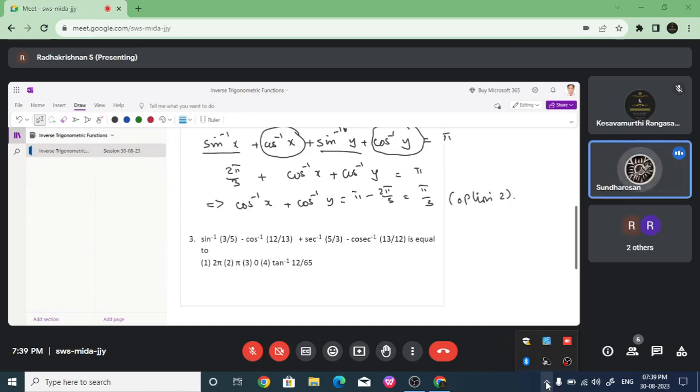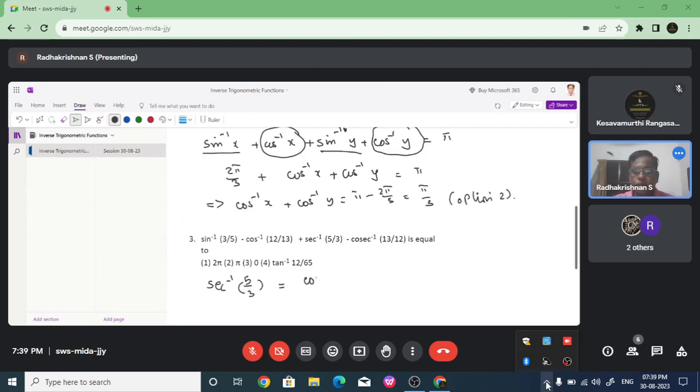Sir, pi, sir. You got the value of pi. Very good. Sir, 1 minute, sir. Let me see. Let's do step by step. Let's put the secant inverse 5 by 3 in terms of cos inverse 3 by 5.